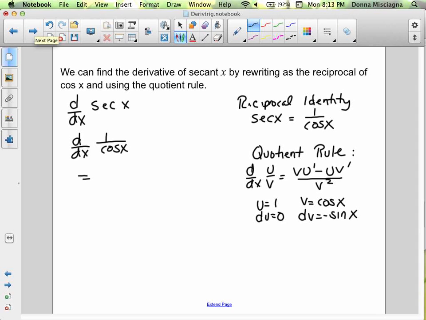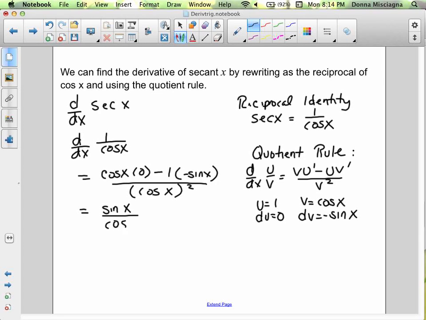We have the denominator, which is cosine x, times the derivative of the numerator, which is 0, minus the numerator, which is 1, times the derivative of the denominator, which is negative sine x, all divided by the denominator squared. Of course, anything times 0 is 0. Negative 1 times negative 1 is positive. So that's just going to give us sine x in the numerator and cosine squared x in the denominator.